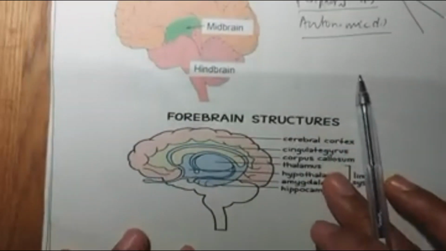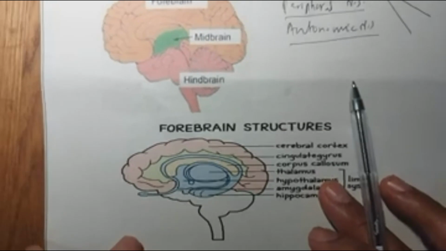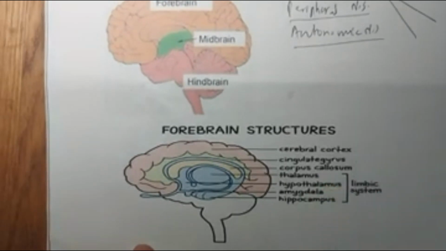So let's go through the brain structures. The brain is a part of the central nervous system, and it deals with thinking, the complex mechanisms and neuronal connections that lead to decision making, memory, control and coordination of various body movements, voluntary and involuntary functions of the body, and various reflex actions.